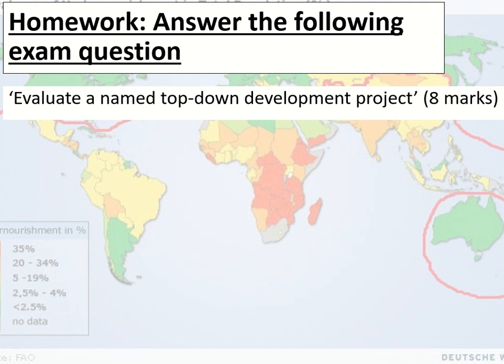If you don't know how to start an evaluate 8-mark essay, you also need to go onto the 8 markers made easy revision PowerPoint that's on the GCSE revision playlist as well. I've given you all the information in this lesson, which is a long one. I appreciate it's probably 2 hours' worth of lesson, but you've also got videos that will help you build up a good answer and good practice for this particular 8-mark evaluate exam question.